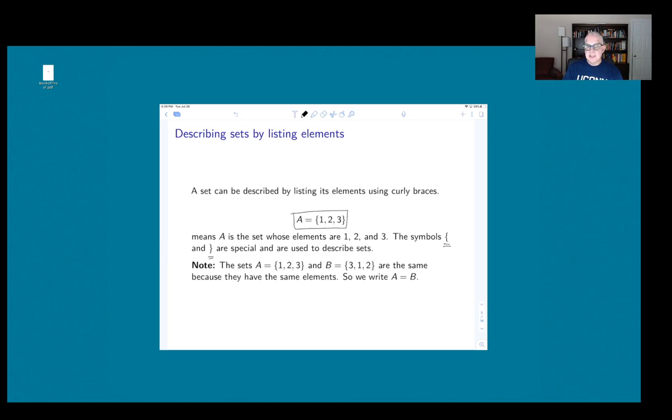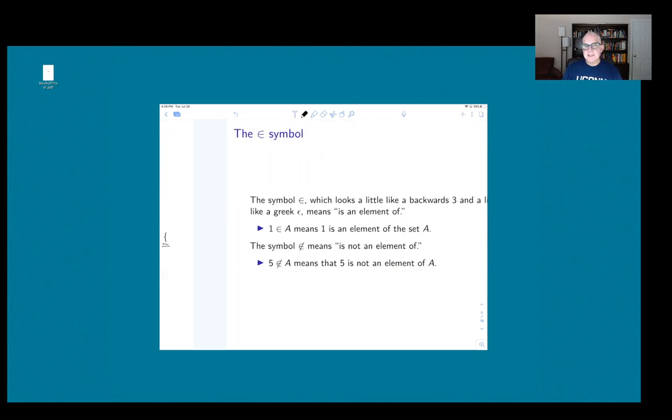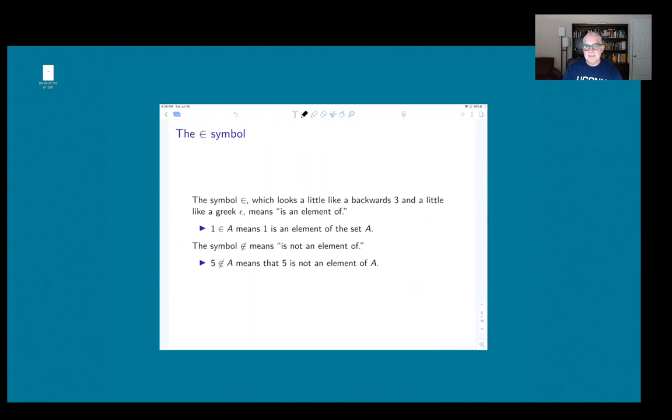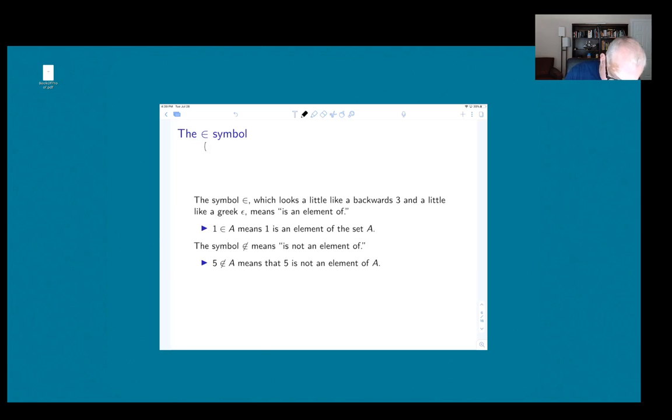All that matters is what things you have listed that make up the elements of the set. One other really important piece of notation in this business is this symbol, which you read as "is an element of".